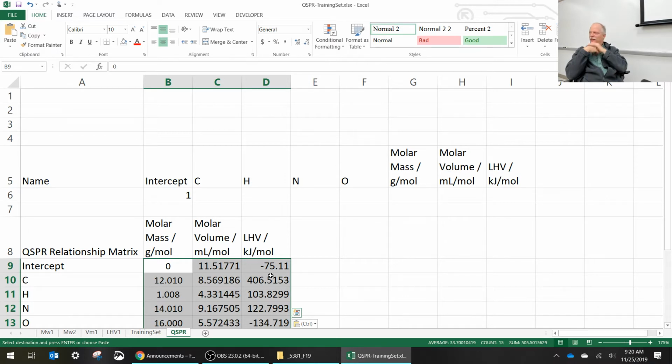So what we're doing is we have that training set, we've created these relationship matrices, and now we're going to use them. So we're going to create some neat values where we can type in a compound and have it use our QSPRs. Okay, so let's come up here and do acetylene.